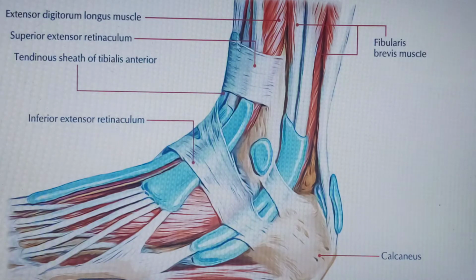Now get to know that these muscles, to minimize friction, are surrounded by tendon sheaths with synovial fluid in it to minimize tension over here. So this is the tibialis anterior muscle, its synovial sheath over here. And then of course we're also going to have the extensor digitorum longus with a tendon sheath.